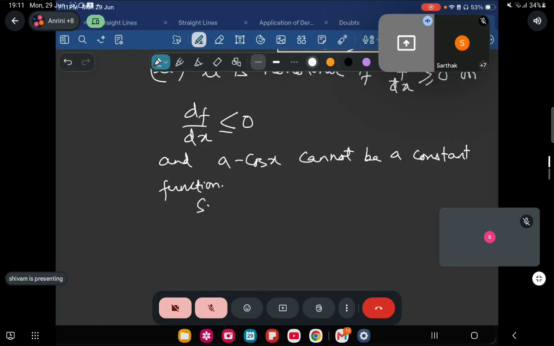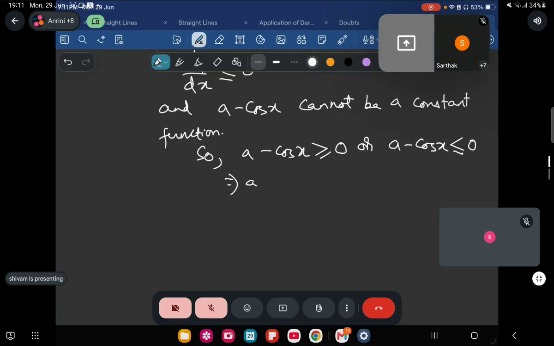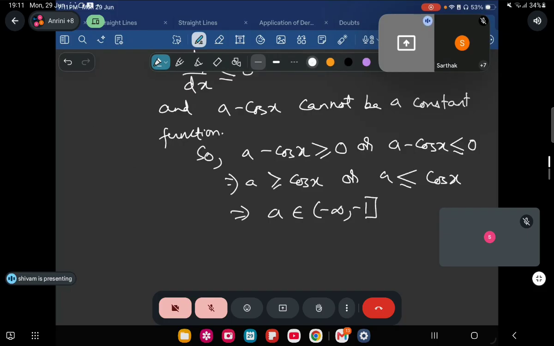So a minus cos x must be greater than or equal to zero, or a minus cos x must be less than or equal to zero. This implies a can be greater than or equal to cos x or a must be less than or equal to cos x. So this implies a should belong to minus infinity to minus 1 closed union closed 1 to infinity.